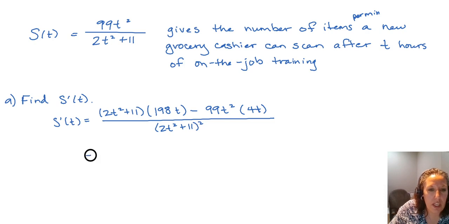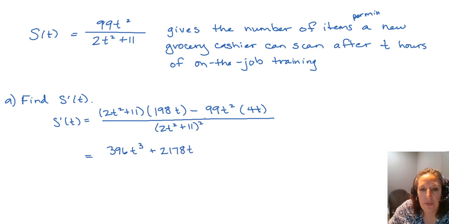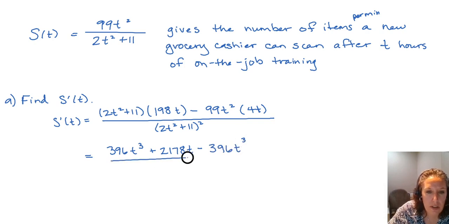All right, if we go ahead and distribute that 198t, 198t times 2t squared is 396t cubed. 11 times 198t is 2,178t. And then 99t squared times 4t, we're subtracting that, so we get minus 396t cubed.